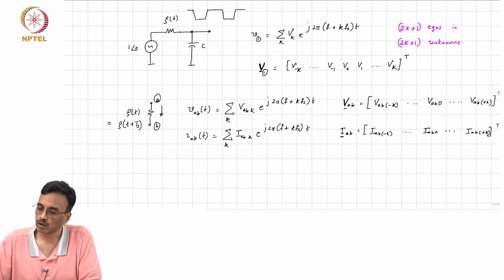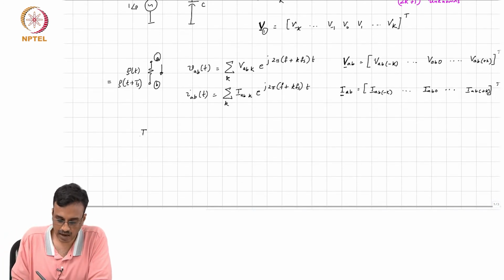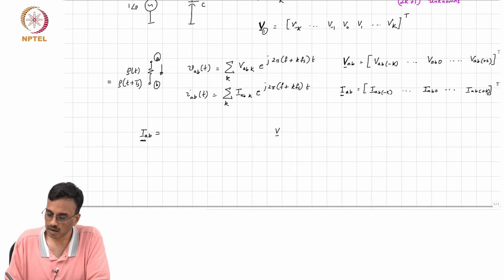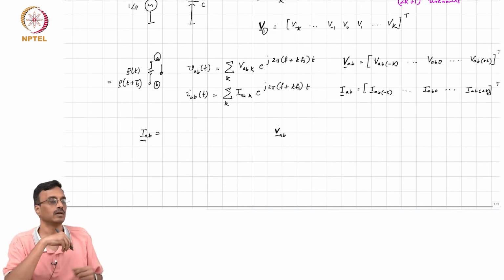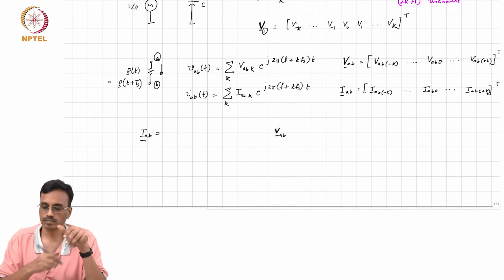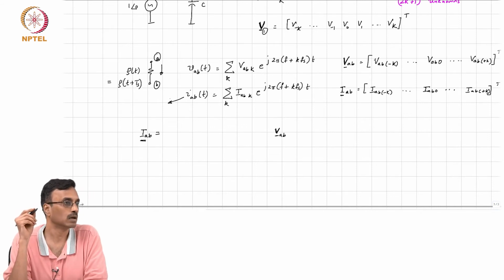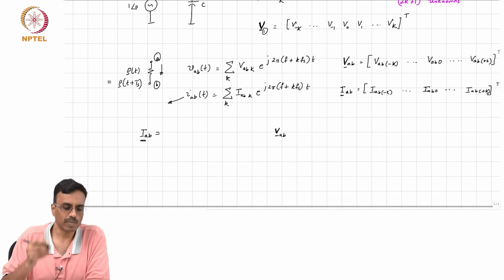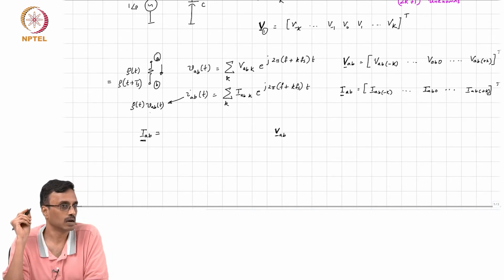All right. Now, the question is, how is the vector IAB related to the vector VAB? In other words, how is IAB of t related to VAB of t? IAB of t is simply G of t times VAB of t, correct?